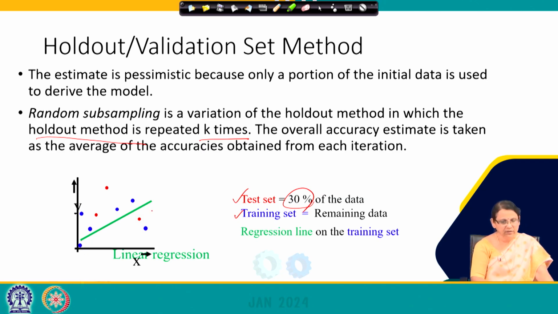As per the evaluation criteria we have studied earlier, maybe we can use the RMSE. So, with respect to these red points, we will be finding out the error.